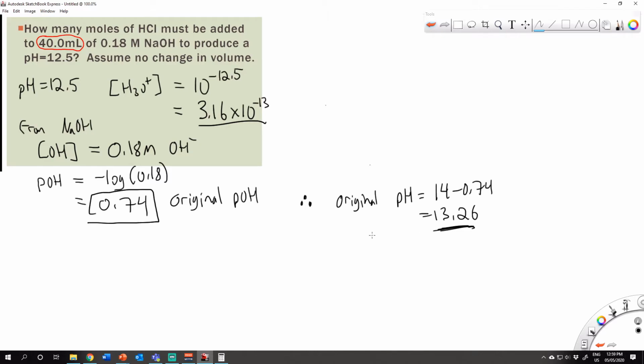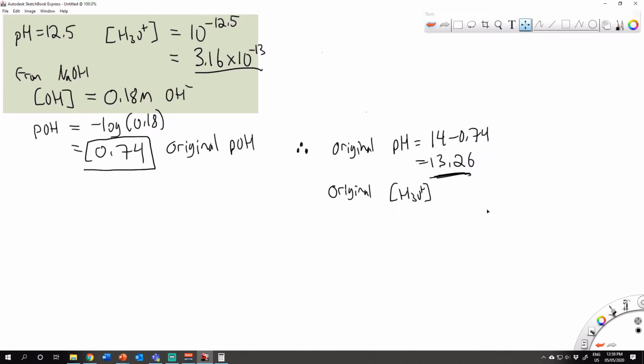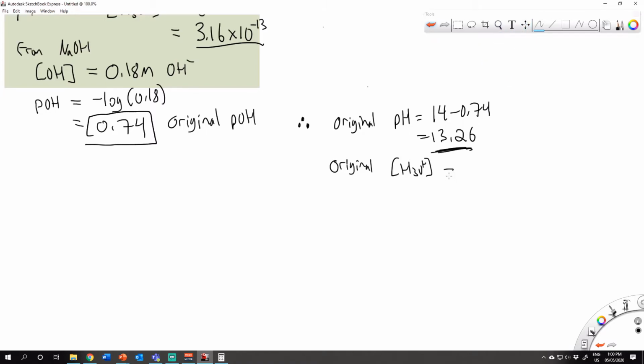From here we can calculate the original concentration of hydronium as 10 to the negative pH, 10 to the negative 13.26.